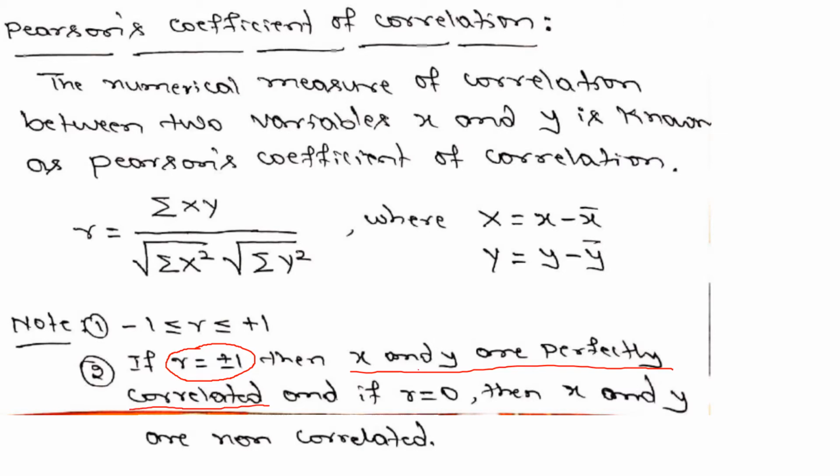And if the value of R is 0, then x and y are non-correlated. That means there is no relation between x and y. The data is randomly distributed. There is no particular pattern when we have R equal to 0.